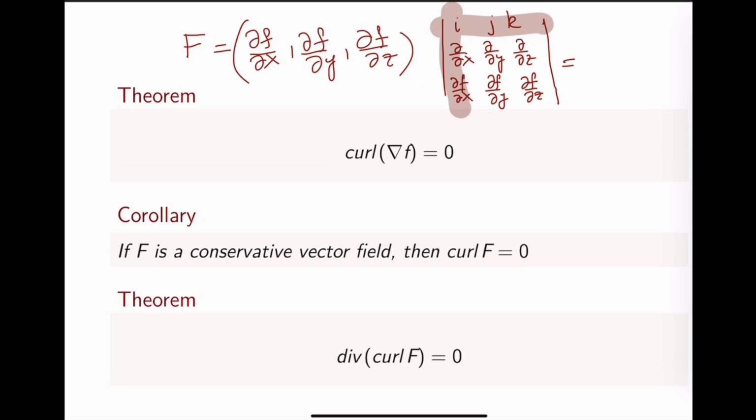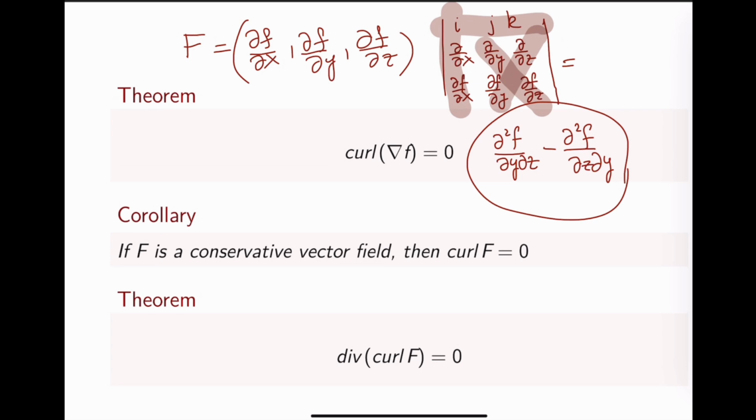Well, observe the determinant that remains. We're going to have here the derivative with respect to y of the derivative of f with respect to z, which is the second derivative of f with respect to y and z. And when we do the other one, the one that we have to subtract, we are going to have the second derivative of f with respect to z and y. And so, by the theorem that we have seen before, that the mixed derivatives are equal, this is going to be 0.